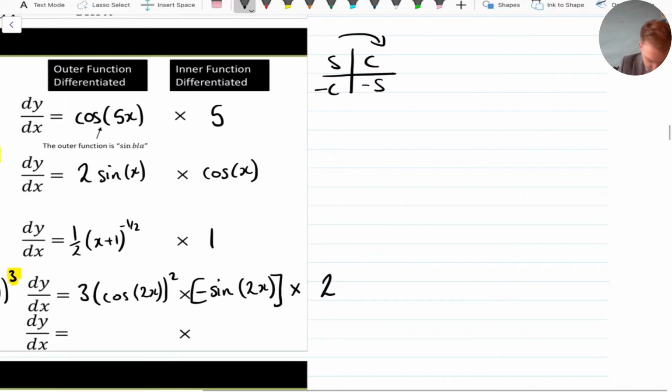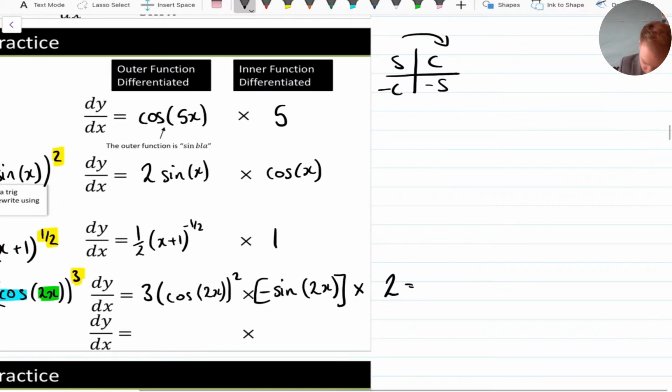And again, you could simplify this one, and you probably would. So 3 times 2 is 6. The minus in front of there is going to be because of the minus from that. And then it's going to be sine of 2x cos squared of 2x. Minus 6 sine 2x cos squared 2x.